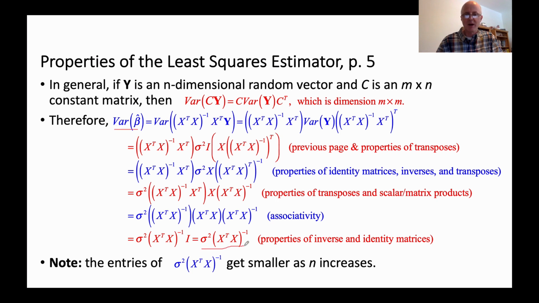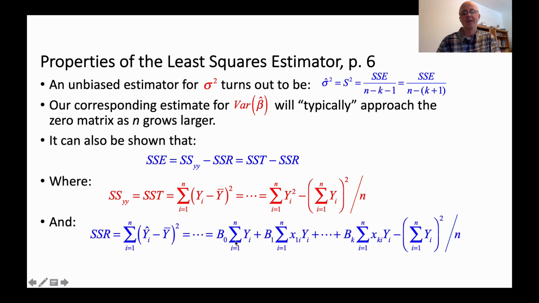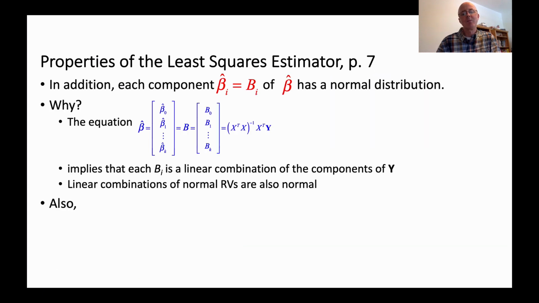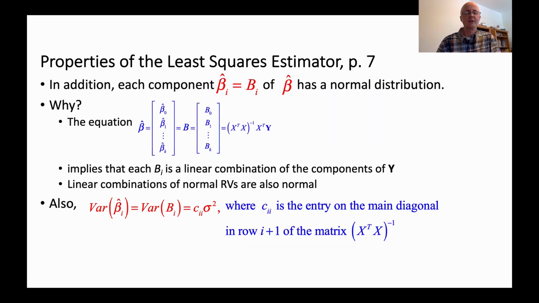So it's sigma squared times X transpose X inverse. That's not necessarily a diagonal matrix, but it turns out that these CIIs in this other slide here are those entries. Should make intuitive sense.